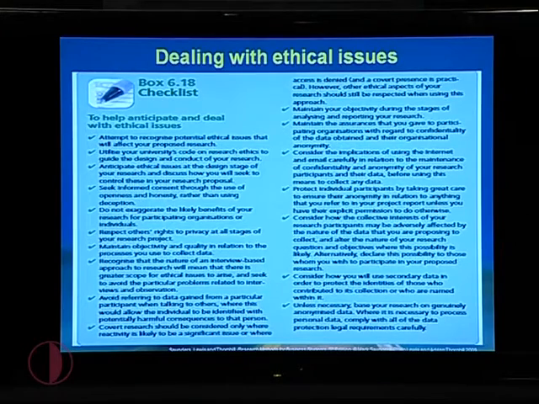They will be harmed. So take things like this into consideration, along with the ethical use of data analysis and conclusions. So when dealing with ethical issues, it's good to have a look at this checklist box also.